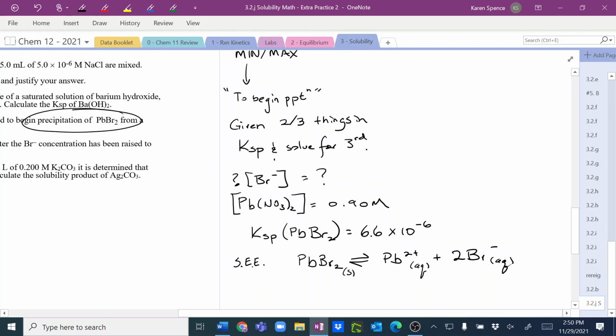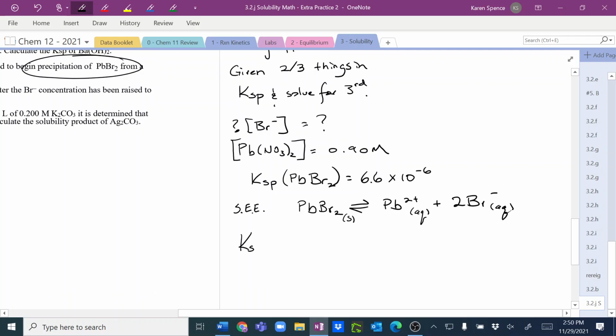Ksp equals the concentration of lead times the concentration of bromide squared. We know the concentration of lead because lead is 1-to-1 there, so that's also equal to the concentration of lead. So we can just plug that in right down here.